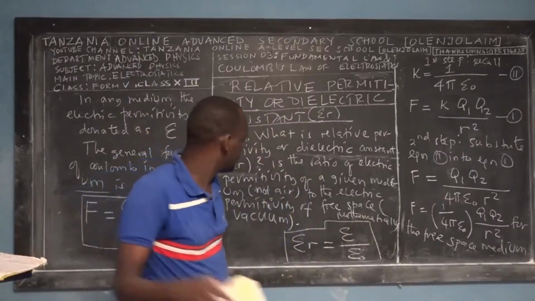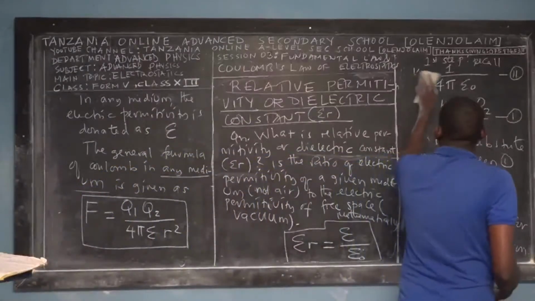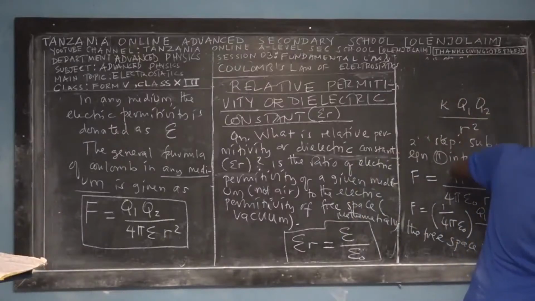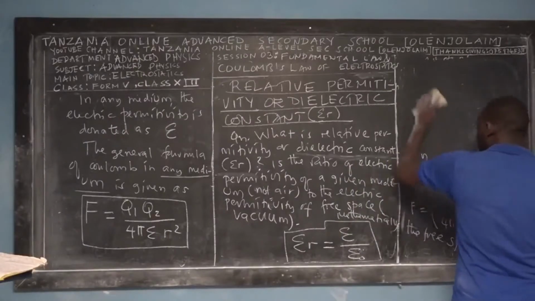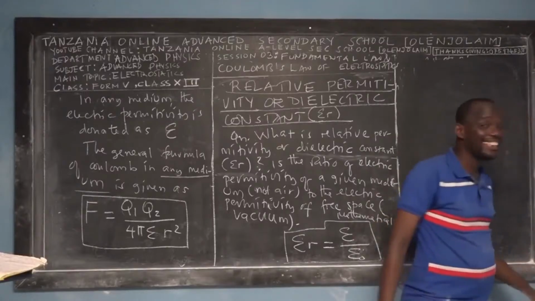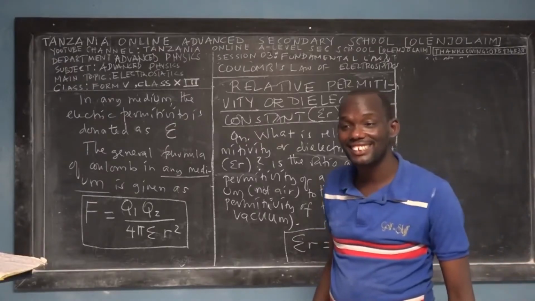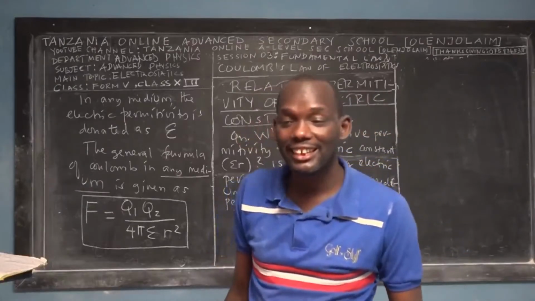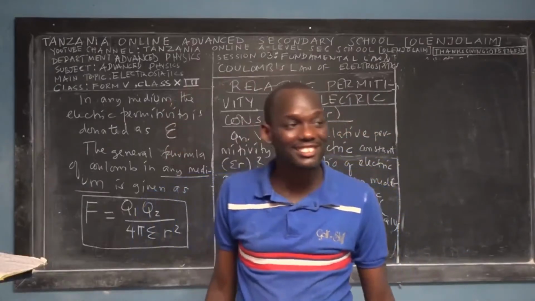So relative permittivity is the ratio of the permittivity of the given medium to the permittivity of the free space or vacuum. It's just like relative density.